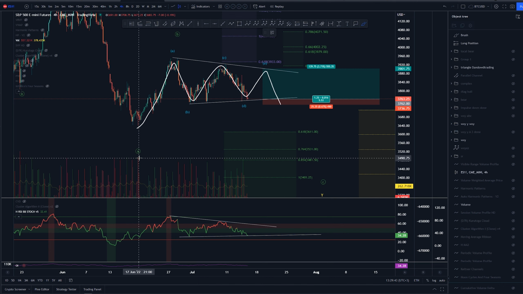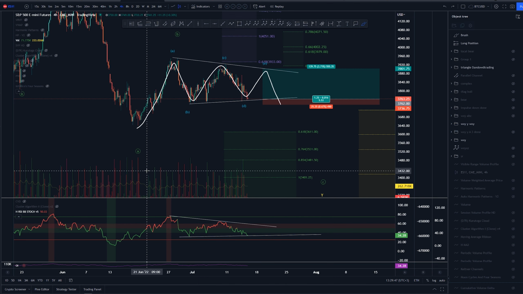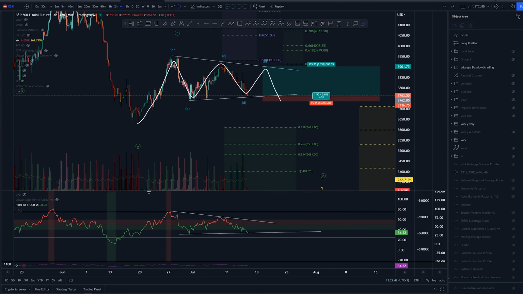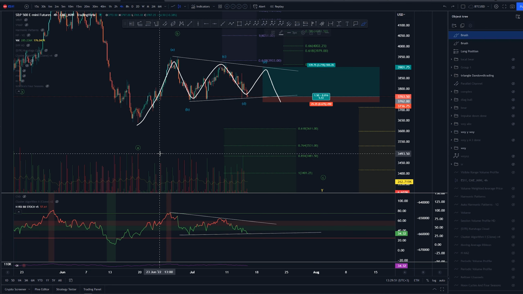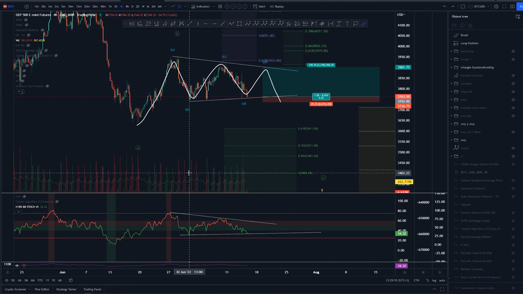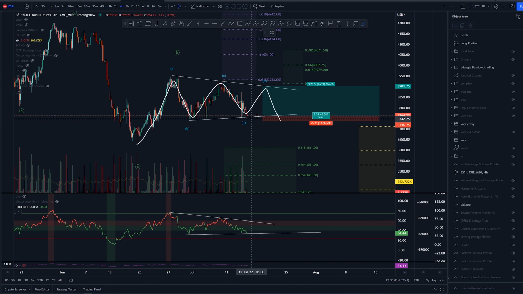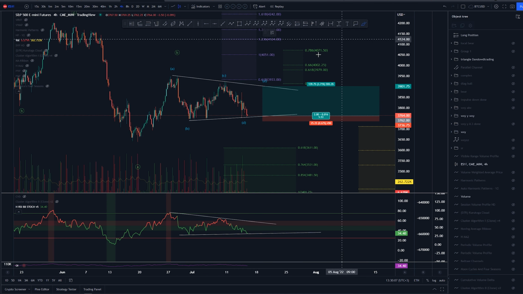If we are starting the triangle from here, and this would be an A wave, we would generally want to see the most volume in this A wave, and then we would see a decline throughout the triangle. That is at least how crypto has shown that to me. I'm not sure how these indices play, as I've not been trading these for that long and haven't seen too many completed triangles as of yet. But yeah, that is the only concern I have.